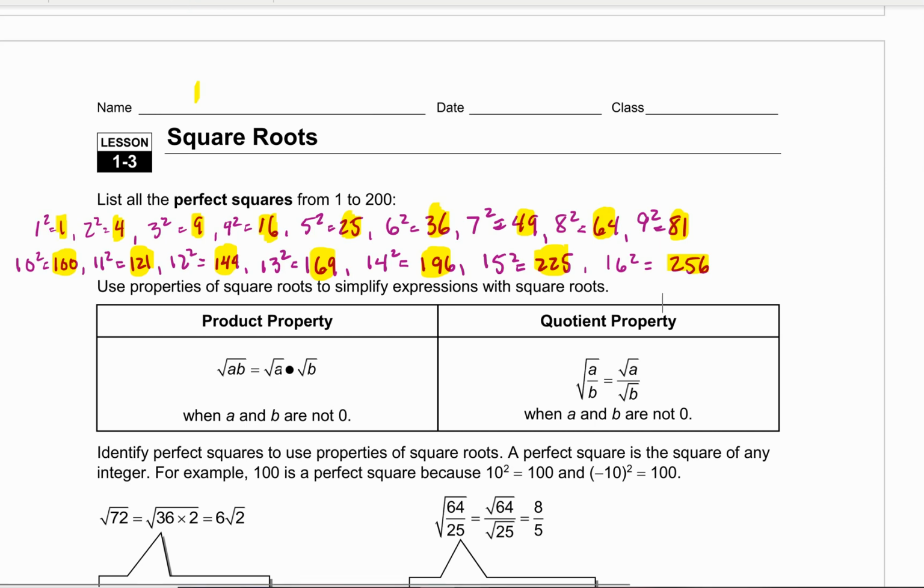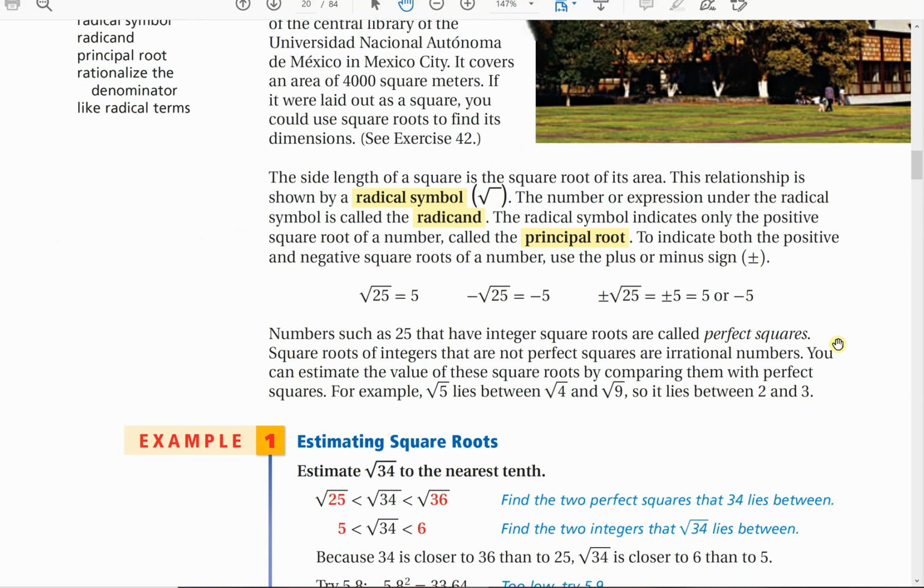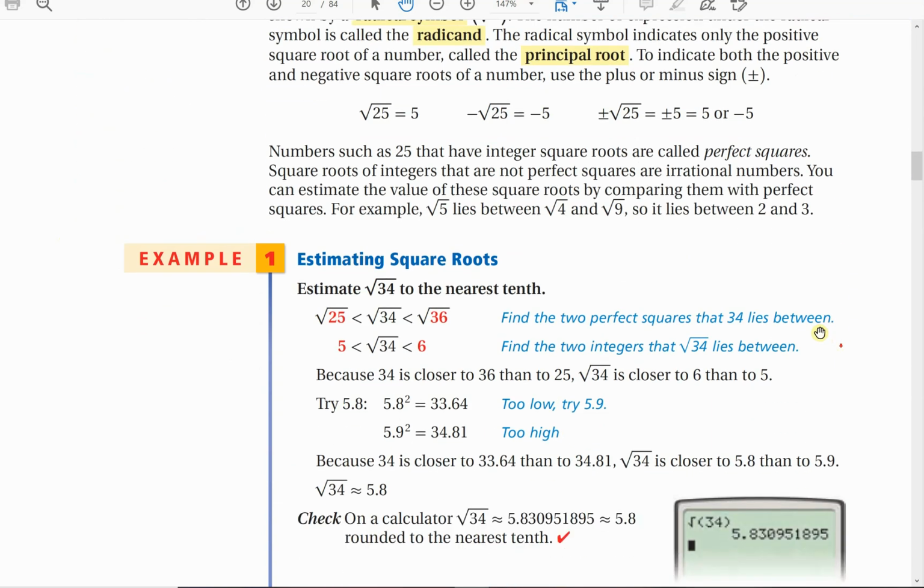Now, if we go back to the text, one of the things you can do is estimate the value of a square root of a number that's not perfect by figuring out where it lies in between perfect squares. So like the square root of 5 lies between the square root of 4 and the square root of 9. So the answer to the square root of 5 is going to be somewhere between 2 and 3 because the square root of 4 is 2 and the square root of 9 is 3.